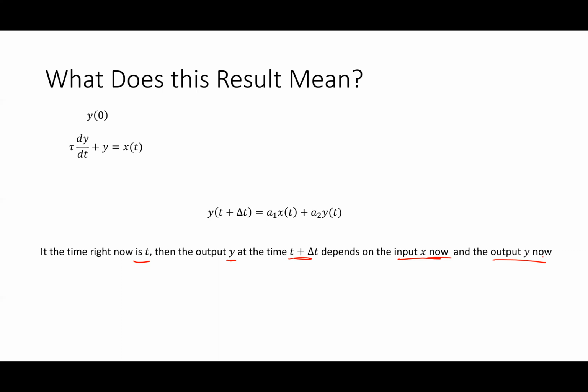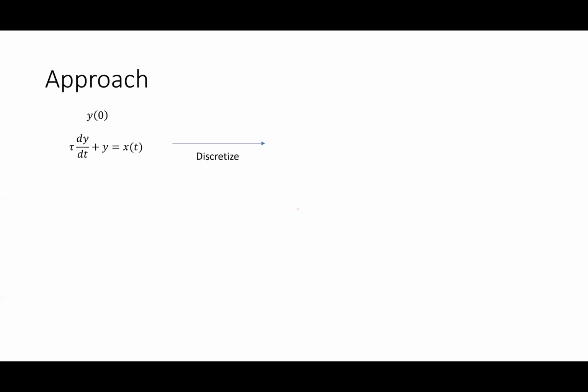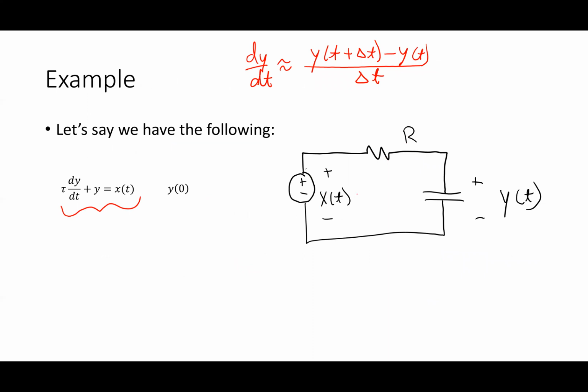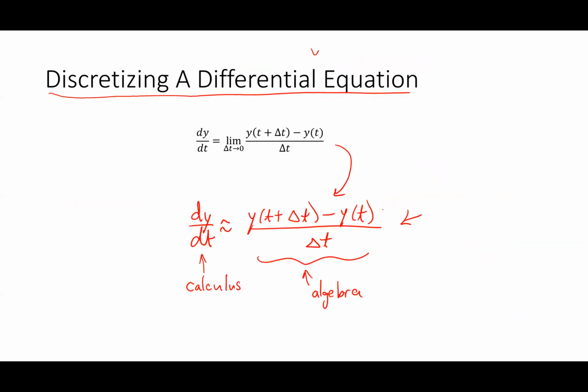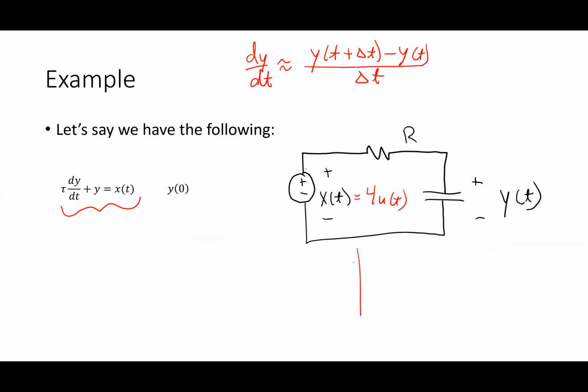So if I think about this circuit, let's say this X of t was 4 U of t. In other words, at time t equal to 0, I flip the 4-volt battery on. What's going to happen to the voltage across that capacitor? What's going to be its final value? 4, right? And of course, it's going to ramp up over time like this.